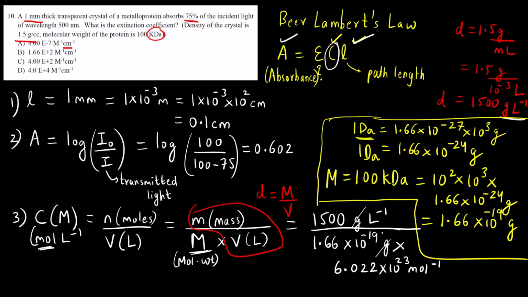So this mole inverse will go to the numerator and the final unit will be mole raised to 1, that is mole per liter, or we can say molar. You solve this, and the final answer for concentration comes out to be 0.015 molar.